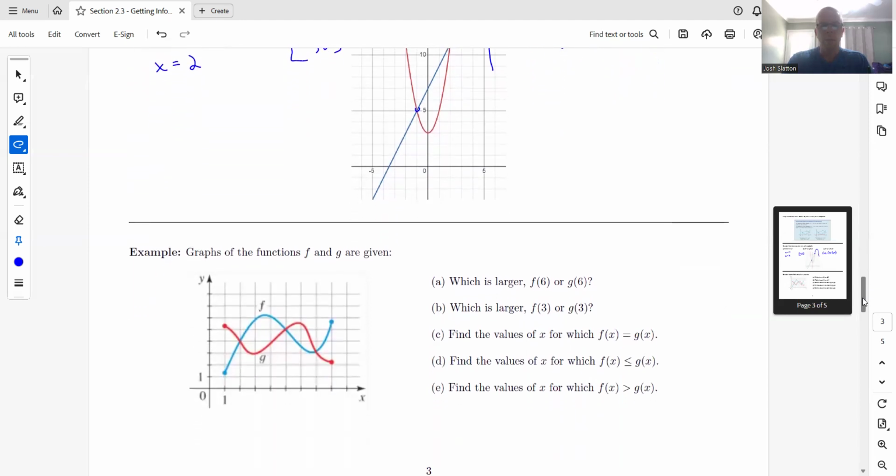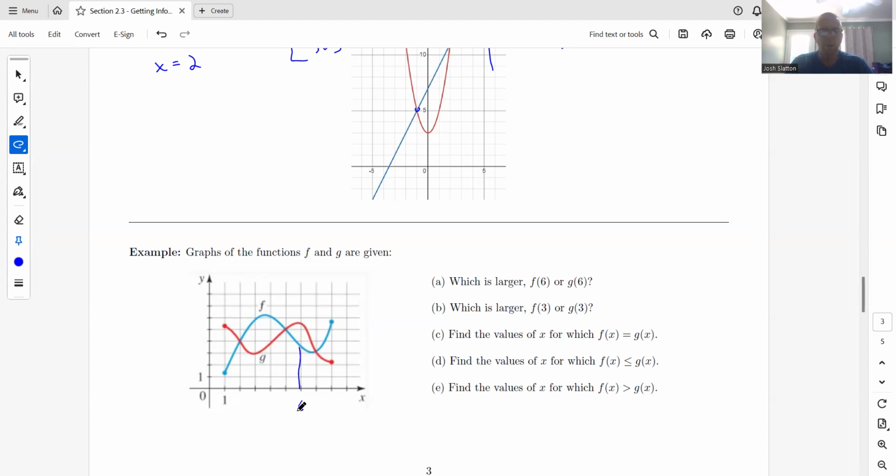All right, so next one. So now we have one that does not go to positive and negative infinity. Which is larger, f of 6 or g of 6? So 1, 2, 3, 4, 5, 6. So here is 6. So it looks like g of 6 is larger. Which is larger, f of 3 or g of 3?